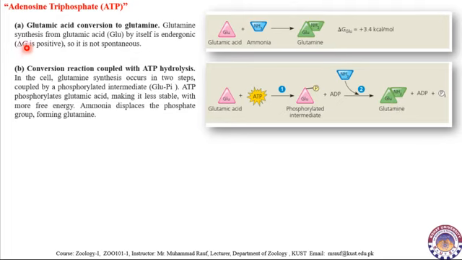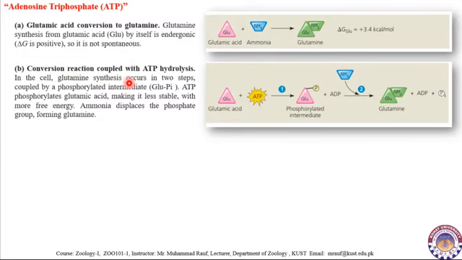So how does the conversion of glutamic acid to glutamine take place? It must react with ammonia. This process is an endergonic one and requires the input of energy. Remember, if the value of delta G is positive, then the process is non-spontaneous and requires the input of energy. So first the ATP molecule loses one of its phosphates.